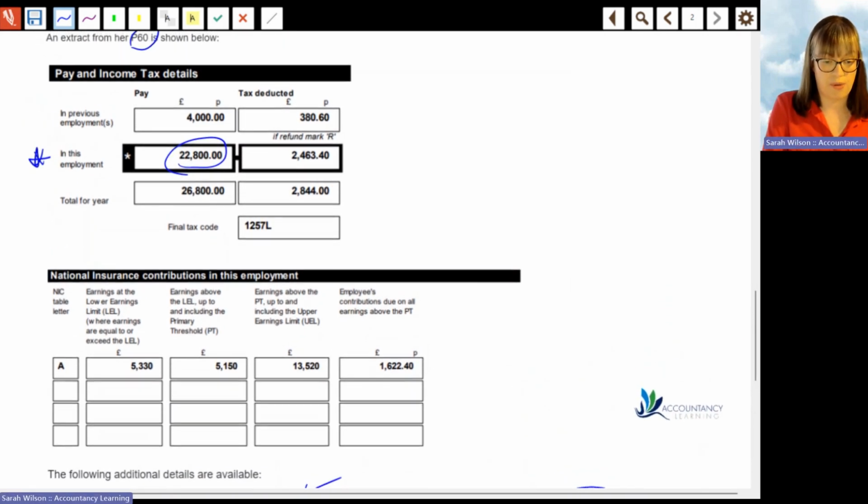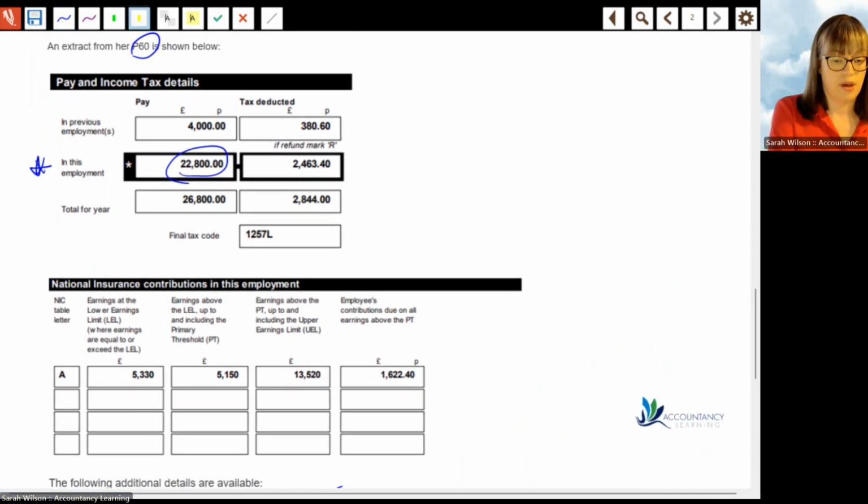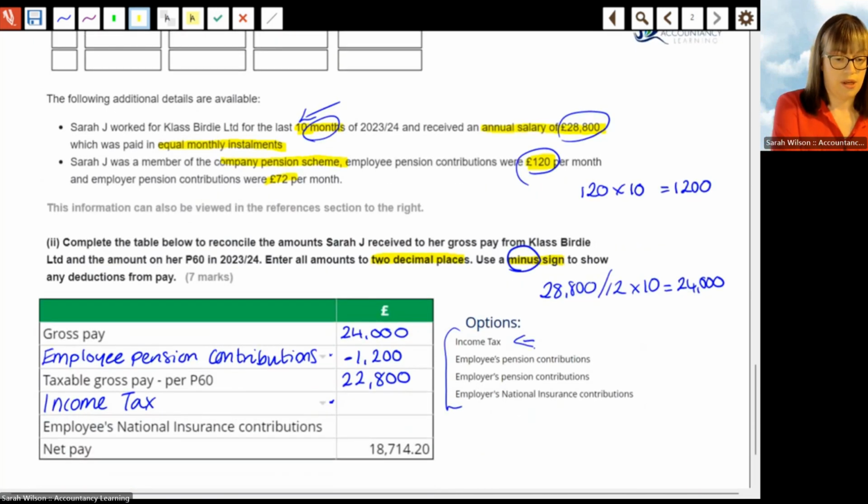If we scroll up to the extract of the P60, we can see tax deducted here, and we're looking for in this employment. So we've got an income tax deduction of 2,463.40. We'll put that in here with our minus.